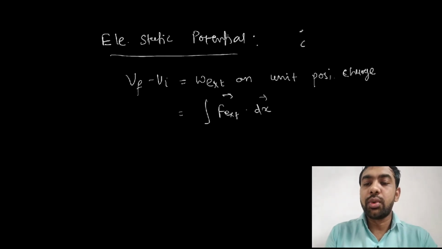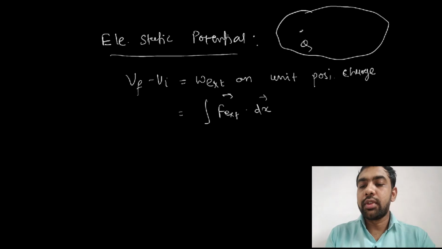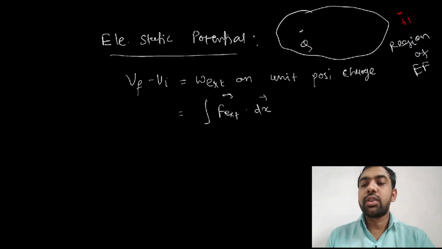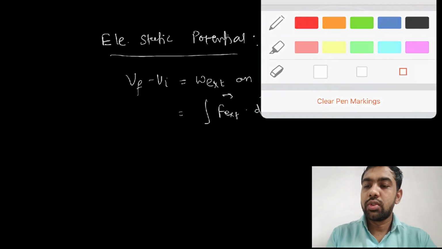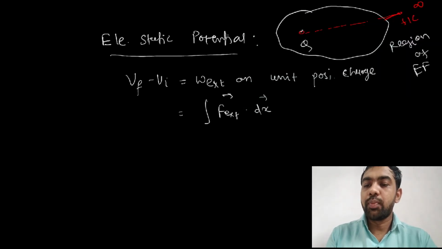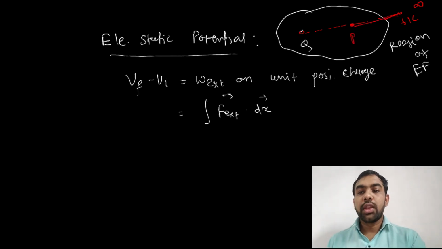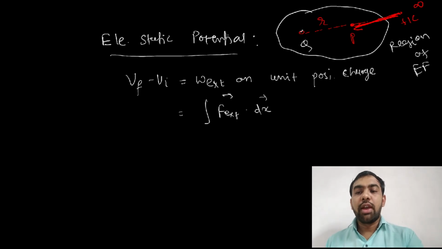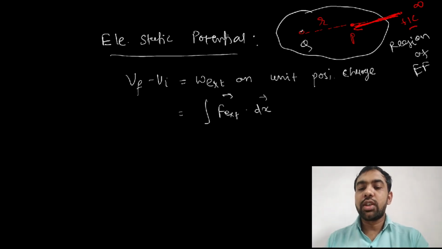Let's consider a charge q, and this is the region of electric field. You bring a charge of plus 1 coulomb from infinity to the given point P. From here to here, the final distance is r. But here the charge is fixed, 1 coulomb.